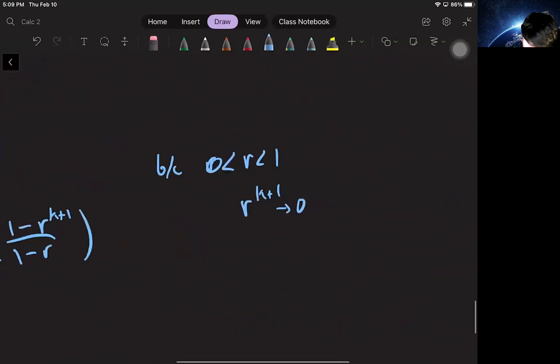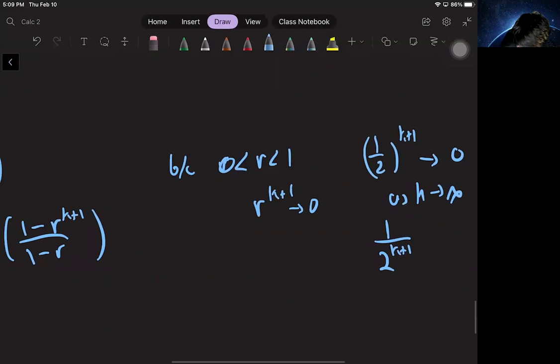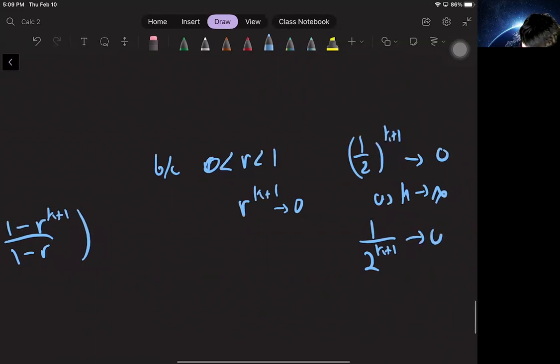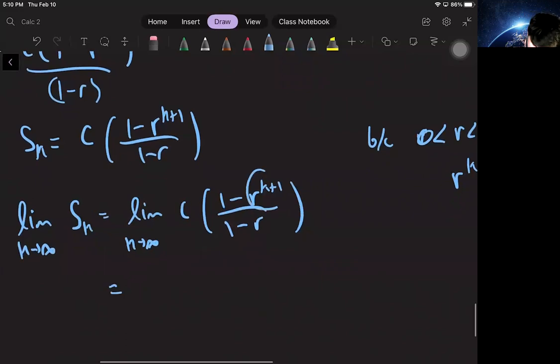So for example, 1/2 to the k plus 1, that goes to 0 as k goes to infinity, because the 1 is really not changing, and the bottom is growing faster. And this will happen for any fraction between 0 and 1. The bottom will go faster, and this will go to 0. So what happens is this thing just goes to 0.